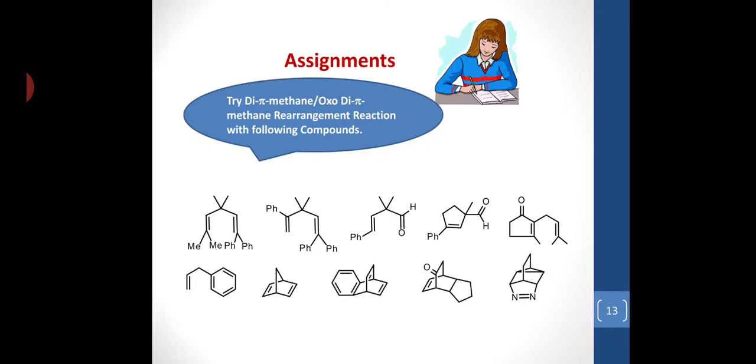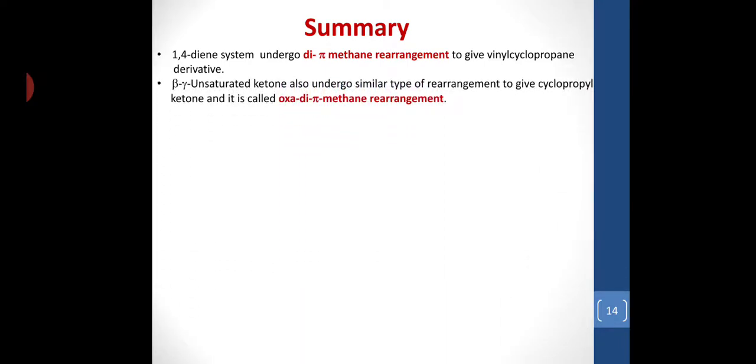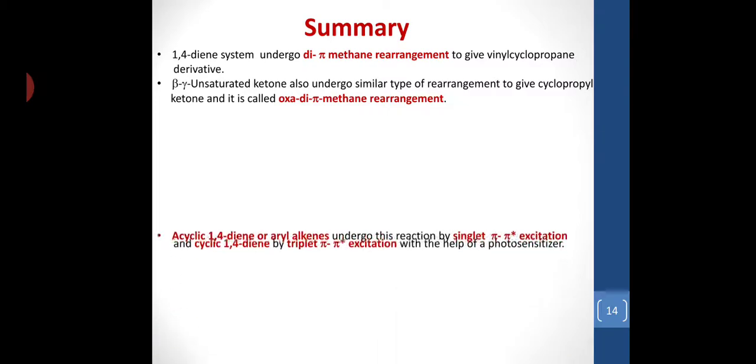In summary, 1,4-diene undergoes di-pi-methane rearrangement to give vinyl cyclopropane. Beta-gamma unsaturated ketones also undergo this type of rearrangement called oxa-di-pi-methane rearrangement.